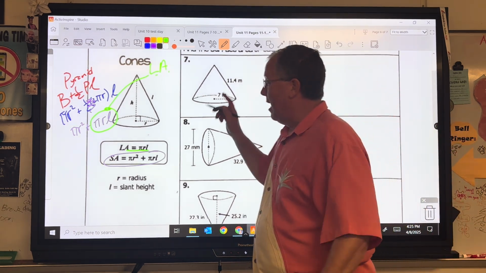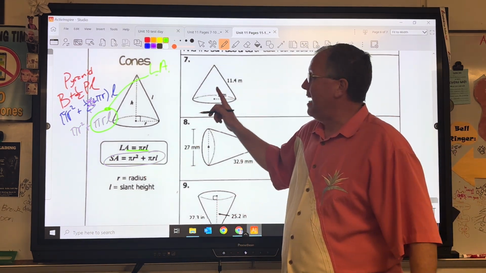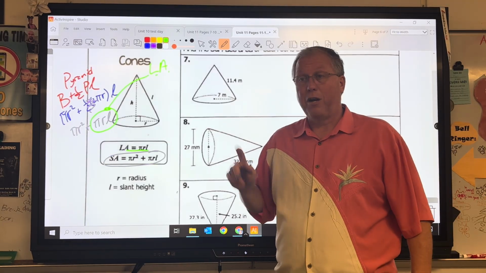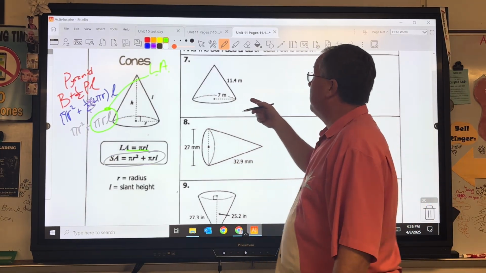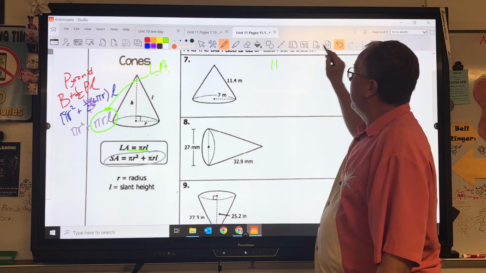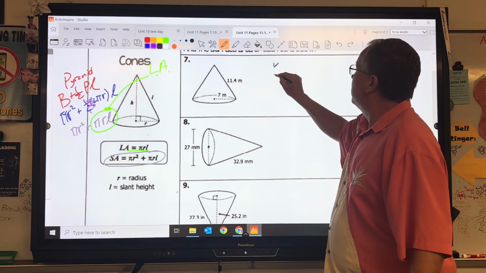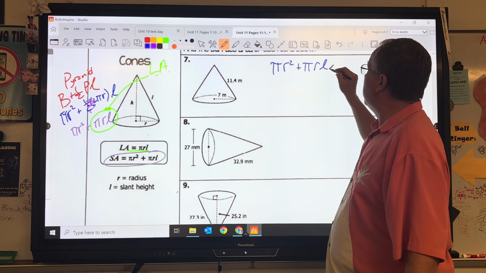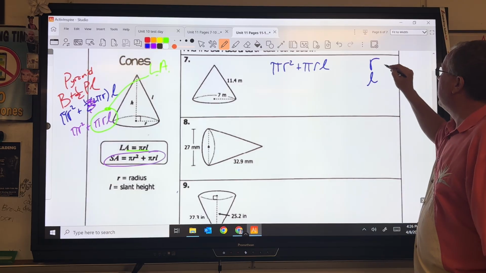So I need a radius and I need a slant height. So if I come up to number 7 over here, my surface area is pi r squared plus pi r slant height. I need a radius, I need a slant height.